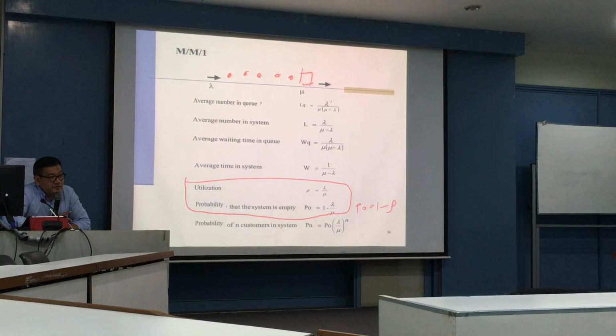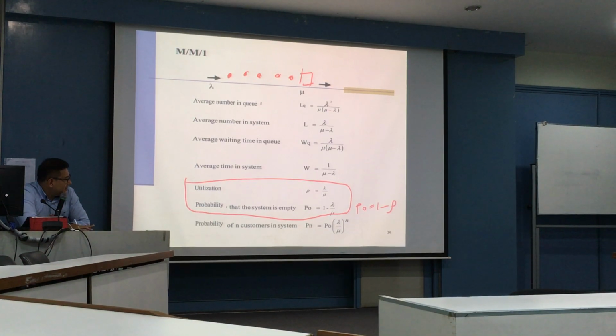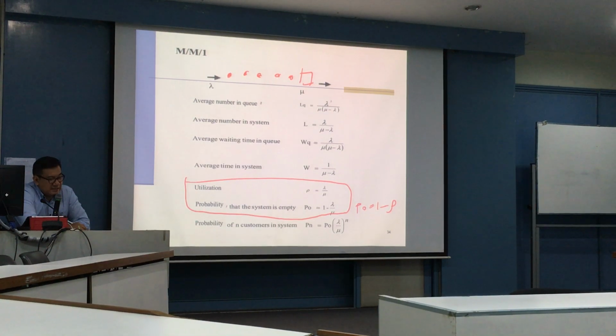If you see the formula for M/M/S, the utilization rho and P0 will not have this same relationship. This relationship holds only when you have one server. I will talk about this later based on the example, okay? But I just want to show you something very interesting: if you have one server or one channel, right?